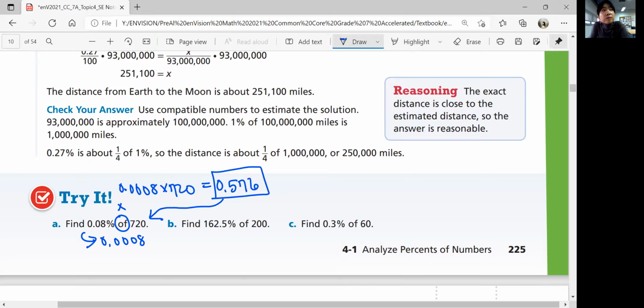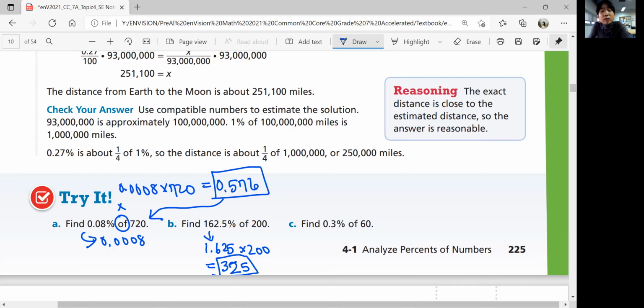Part B, 162.5%. What is that in decimal? In decimal, 100% is 1, so this is going to be greater than 1. 1.625 is your decimal of the percentage. If you multiply by 200, you get 325, and that is your answer.